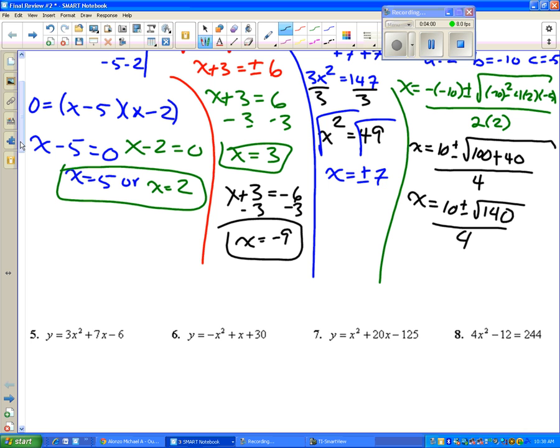If I want an actual exact answer, or 2 exact answers, I'm going to take 10 plus or minus the square root of 140, or the square root of 4 times 35, so 10 plus or minus 2 square root of 35, divide by 4.